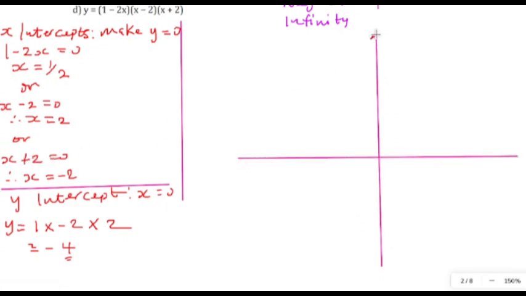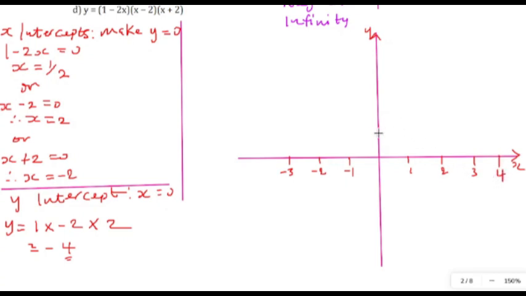This is our y-axis as usual, our x-axis. The x-values range from minus 2 to positive 2. So here I have minus 1, minus 2, minus 3. Here we have 1, 2, 3, 4, and so on.